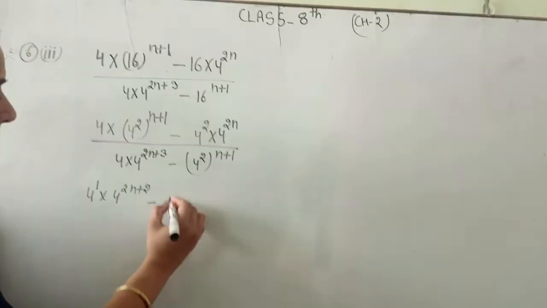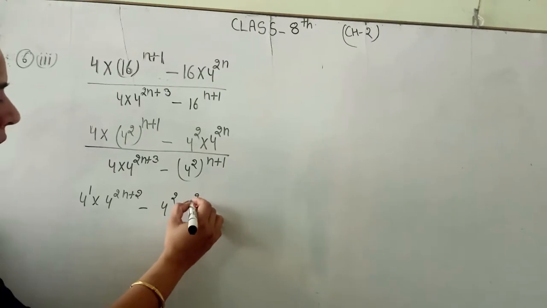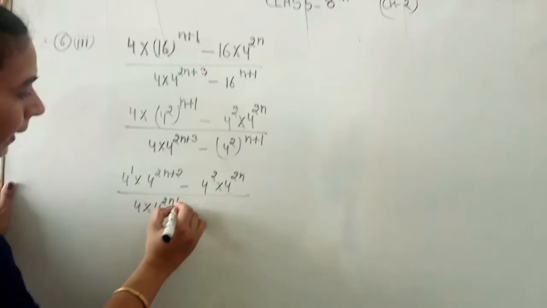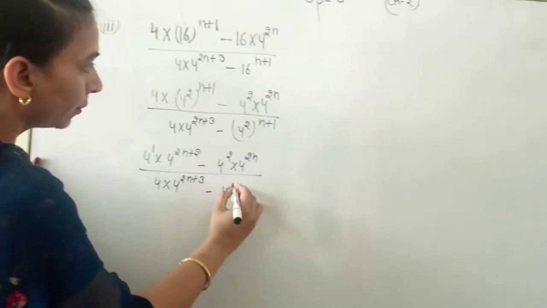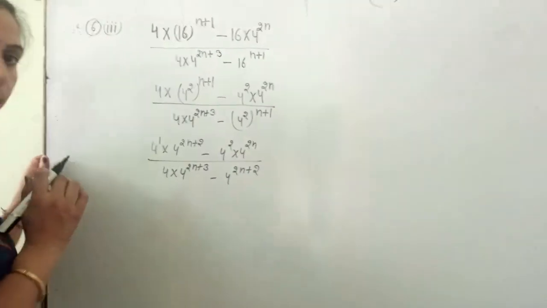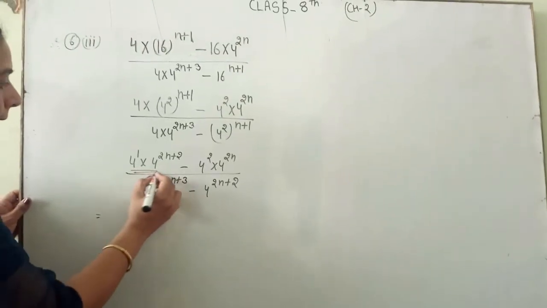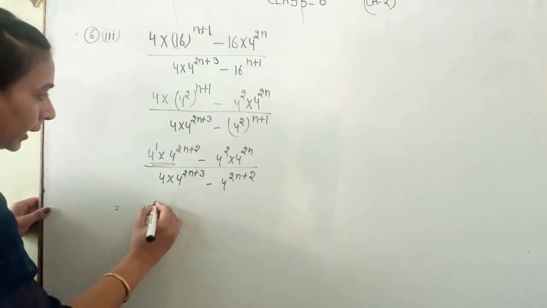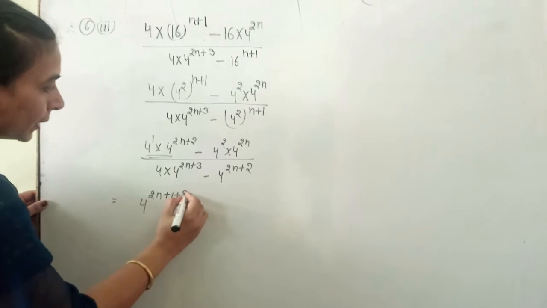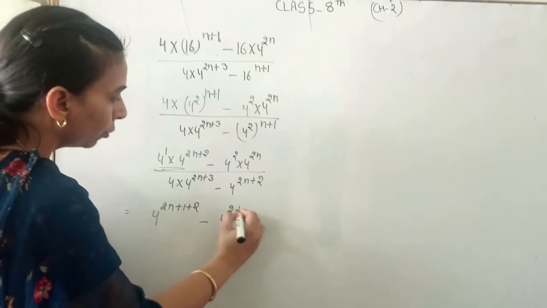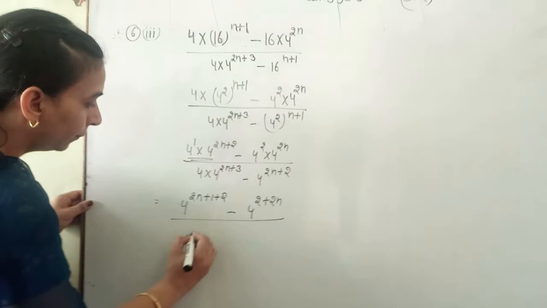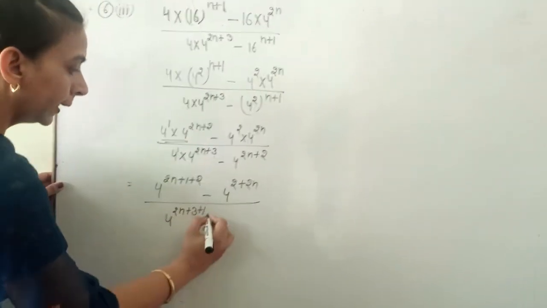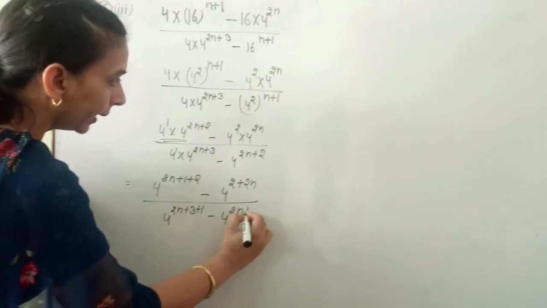Minus 4 raised to the power 2 and 4 raised to the power 2n, divided by 4 multiplied by 4 raised to the power 2n+3, minus 4 raised to the power 2n+2. Okay student. Then next, the bases are the same, so the powers should be added. 4 raised to the power 2n+2+1, that is 2n+3, and 4 raised to the power 2+2n. Then 4 raised to the power 2n+3+1, that is 2n+4, minus 4 raised to the power 2n+2.